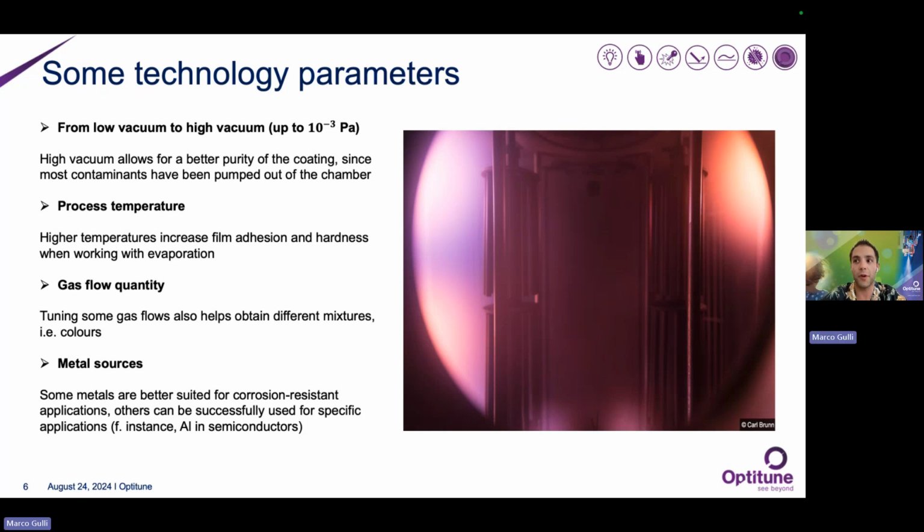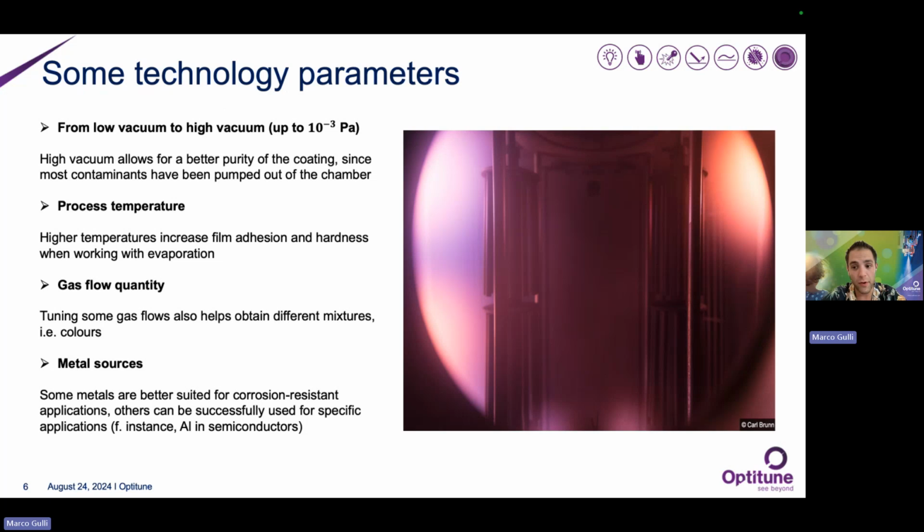Then the process temperature should be tuned properly depending on the material we're working with, but also when we increase the temperature, for example, the film adhesion can improve. And in some cases, we may have a higher hardness as well.